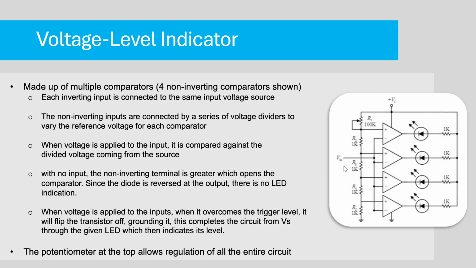When voltage is applied and it overcomes that, say in the lowest one, it's overcoming that non-inverting side. Basically what's going to happen is this is going to connect to ground. It'll ground itself, and that's where we see voltage will now flow from the source over here, through this resistor, through the diode, and through the comparator to ground.